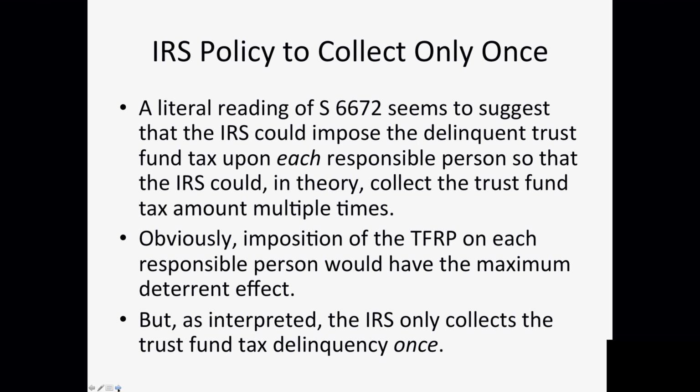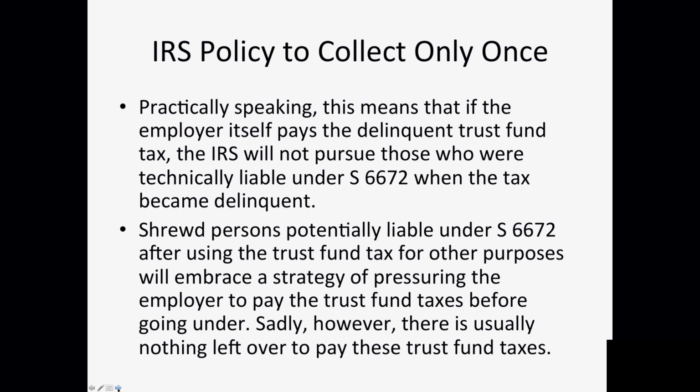But again, that's not what they do. It's not a punitive penalty. Obviously, imposition of the trust fund recovery penalty on each responsible person would have the maximum deterrent effect. However, as interpreted, the IRS only collects the trust fund penalty once.